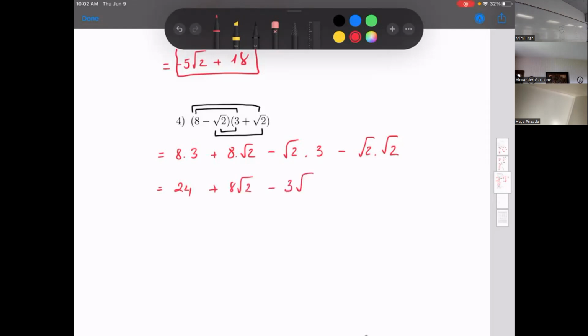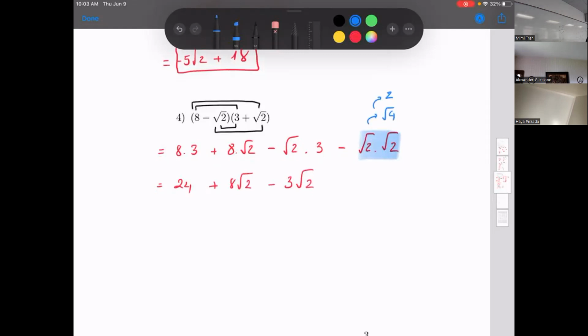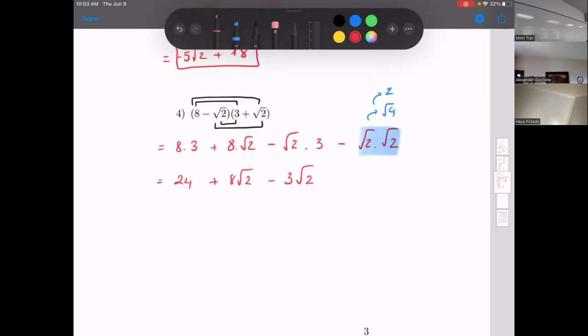I like my coefficient to the front. And then root 2 times root 2 is, what does root 2 times root 2 equal? Root 4, which is 2, right? So minus 2.